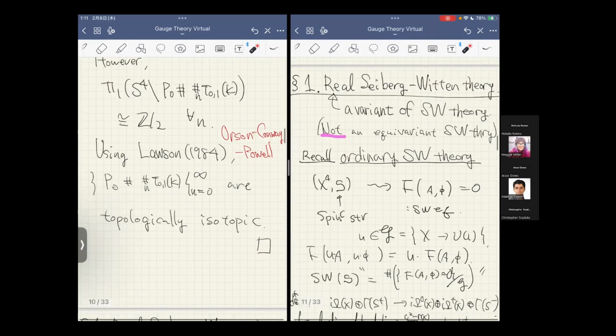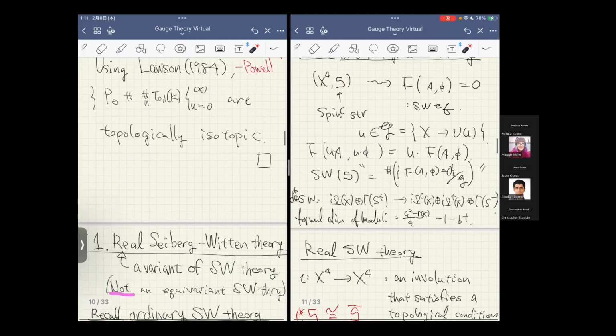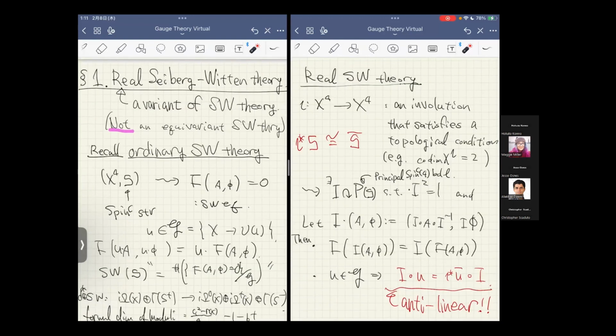So let me explain real Seiberg-Witten theory. This is a variant of Seiberg-Witten theory. However, this is not a Z/2-equivariant Seiberg-Witten theory. So let us recall ordinary Seiberg-Witten theory.